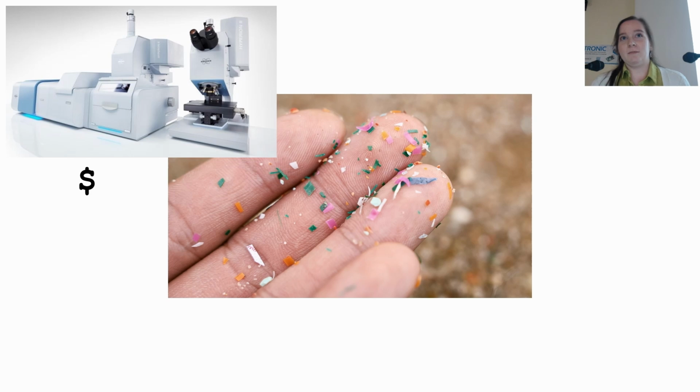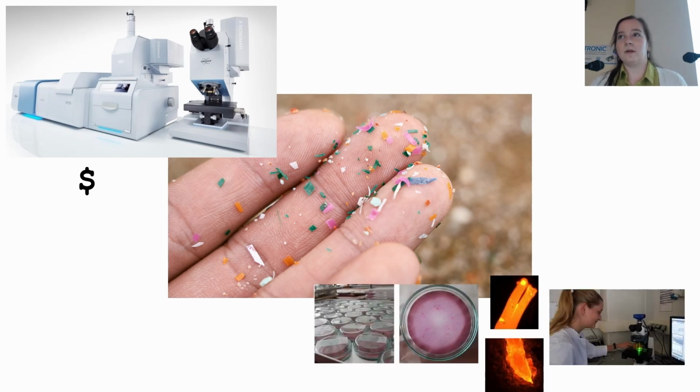There are cheaper methods of measuring microplastics from seawater, one of which is where you take a sample of seawater and you digest away all the organic material, so plants, animals, and then you filter the remaining inorganic material through a filter paper, and this should catch the plastics.